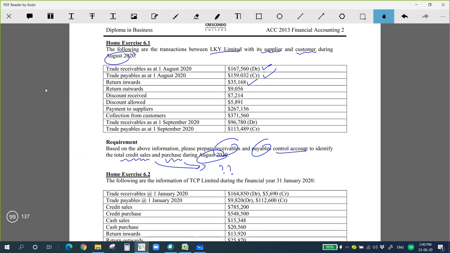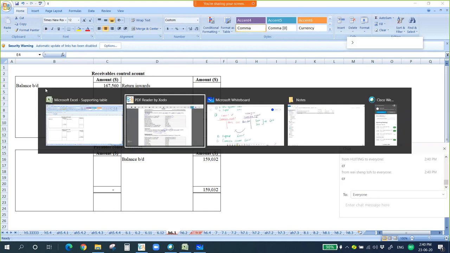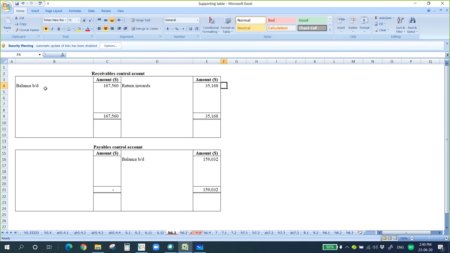Return inwards to your customer, right? So here, can you tell me debit or credit? Credit, very good. Return inwards. Because return inwards will reduce the overall balances, so we credit 35168.